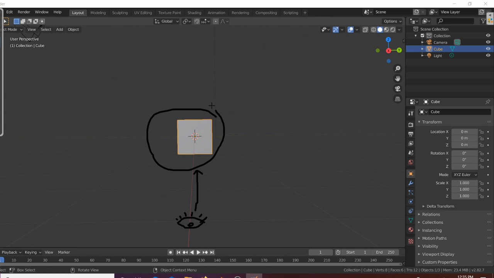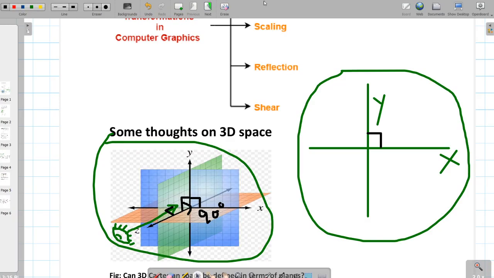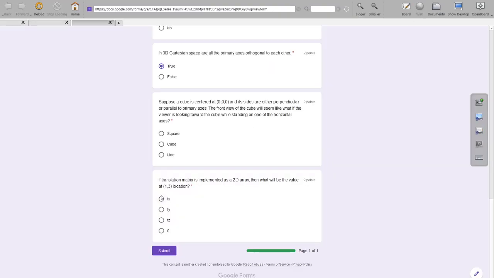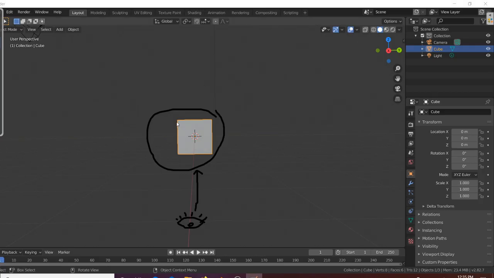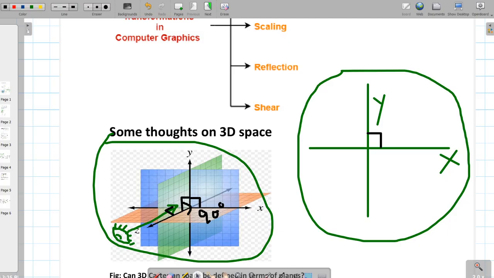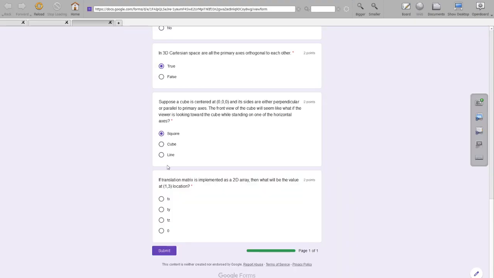Now you can guess what the object looks like. It actually looks like a square, if you can see. So yes, square is the correct answer.